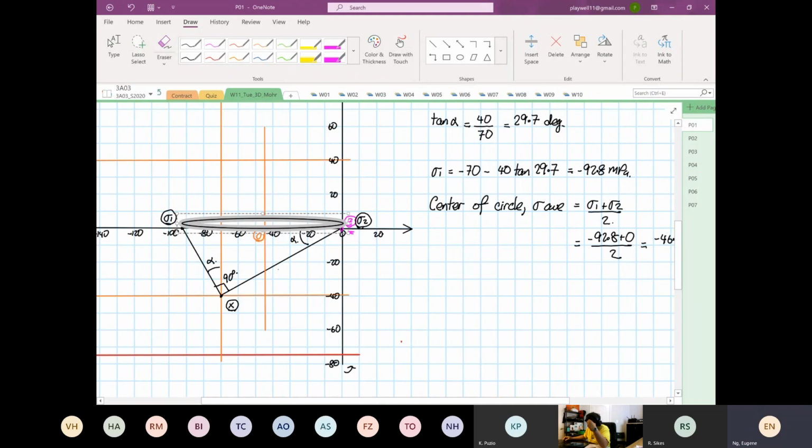Right. So it's about how. So 2, 4, come up by a bit. Okay, so this is your Mohr circle now, right?